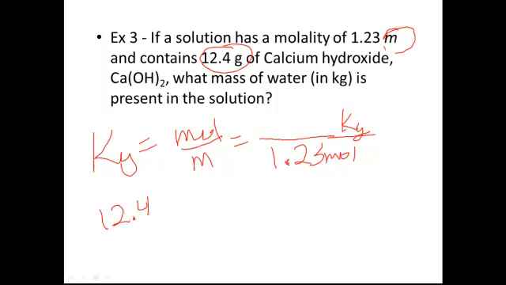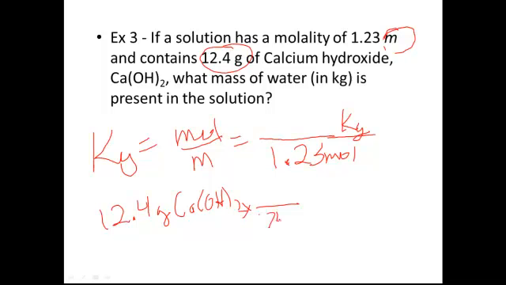So I'm going to take my 12.4 grams of Ca(OH)2 and figure out the mass of it. Calcium is 40.1 plus 2 oxygens is 32 plus 2 hydrogens is 74.1.